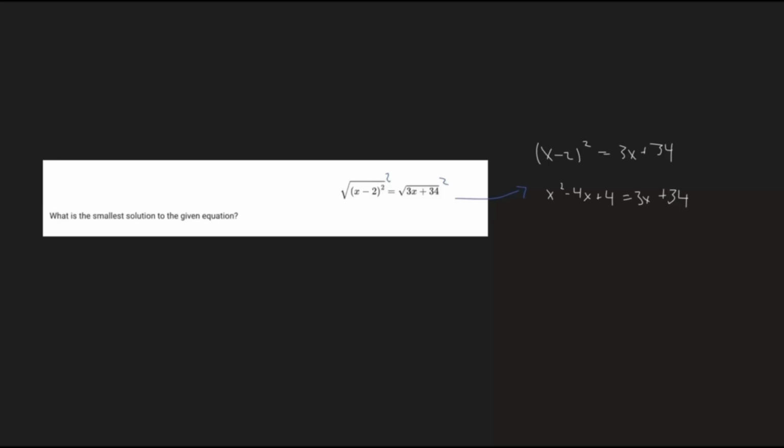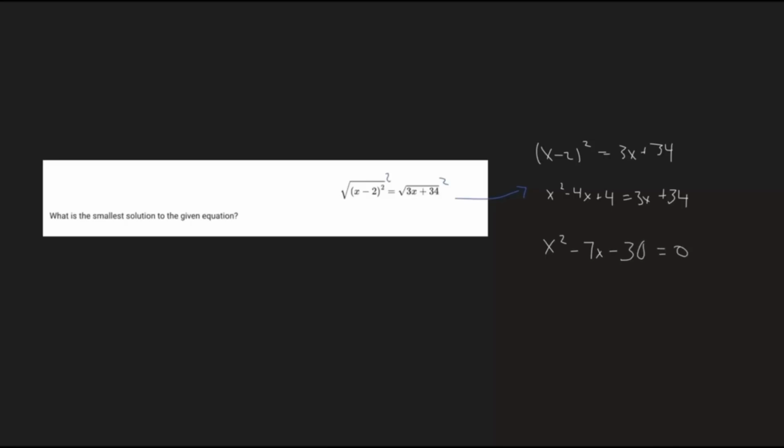So here, if we subtract 3x and subtract 34, we'll get the following. We'll get x squared. Negative 4x minus 3x will be negative 7x. And then positive 4 minus 34 will give us negative 30.